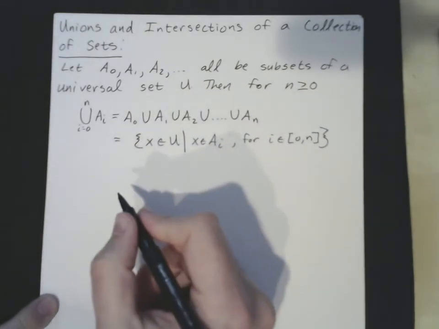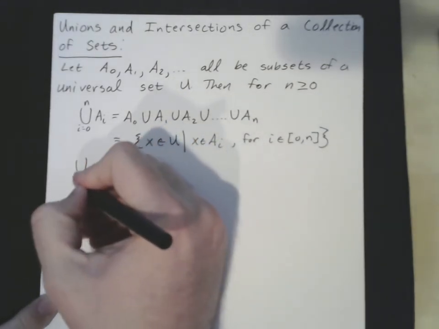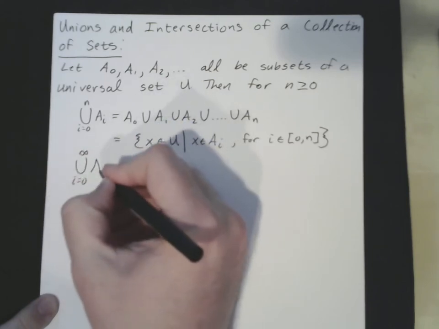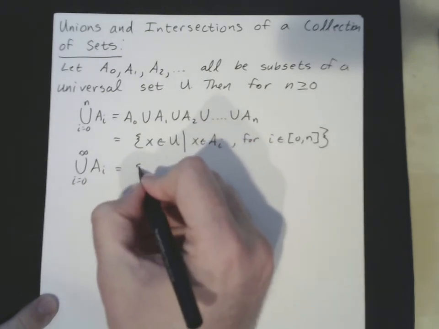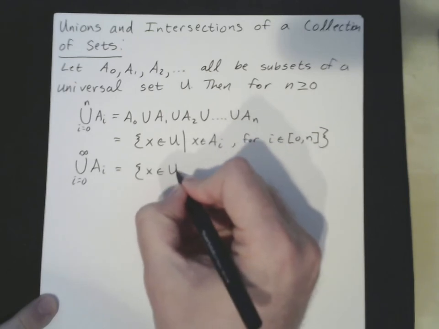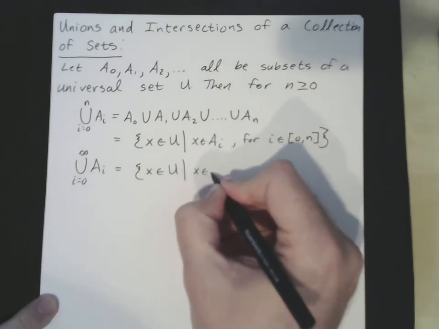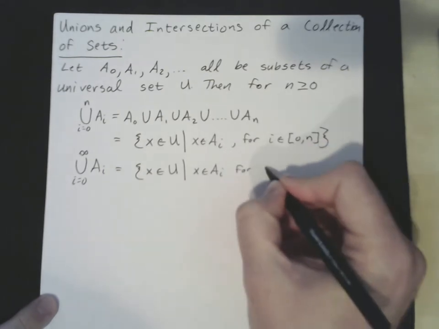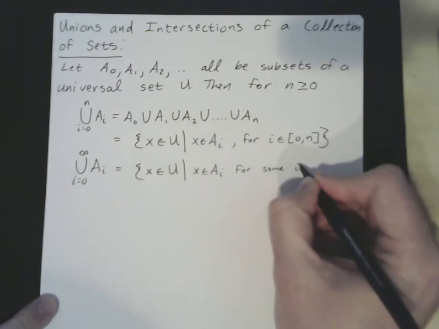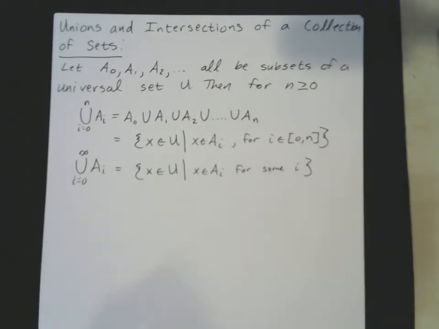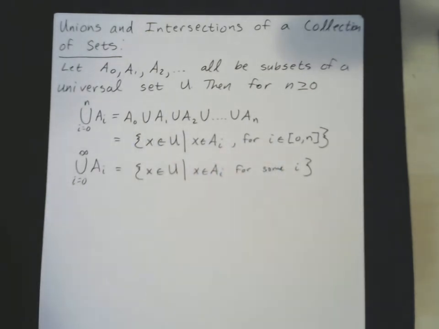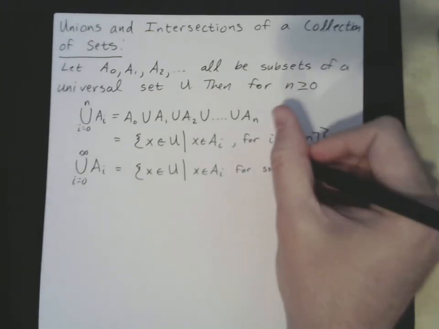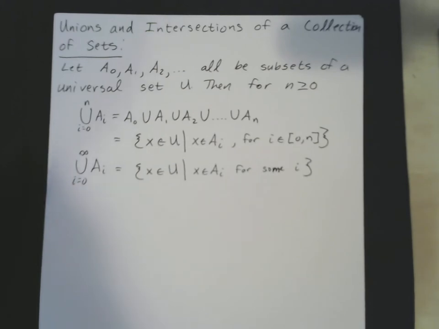And if we take the infinite union from I equals 0 to infinity of A sub I, well, this is the x's that are in the universal such that x is in A sub I for some I. Now, if you take the infinite union of all subsets that you can create, sometimes this is going to equal your universal, sometimes it's not.